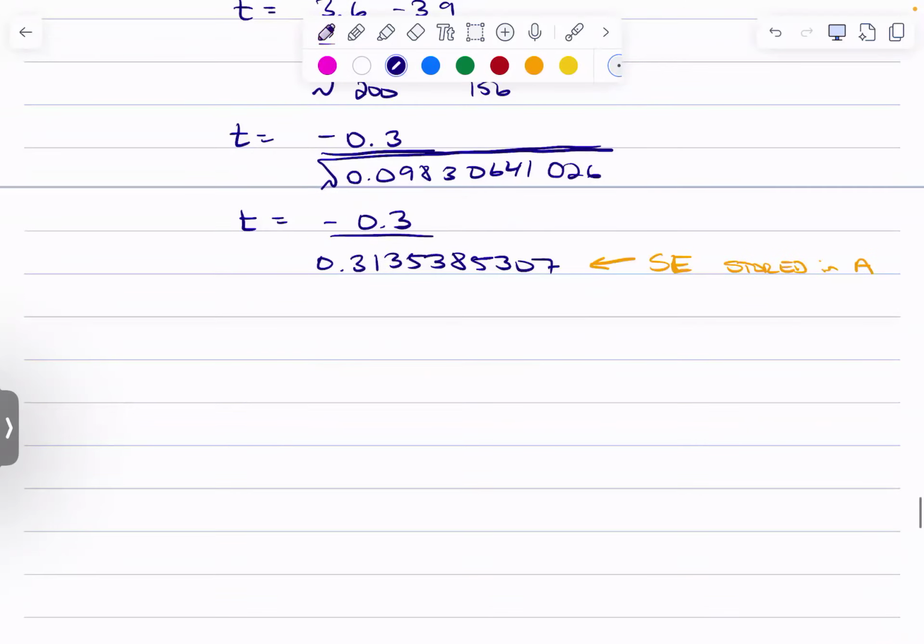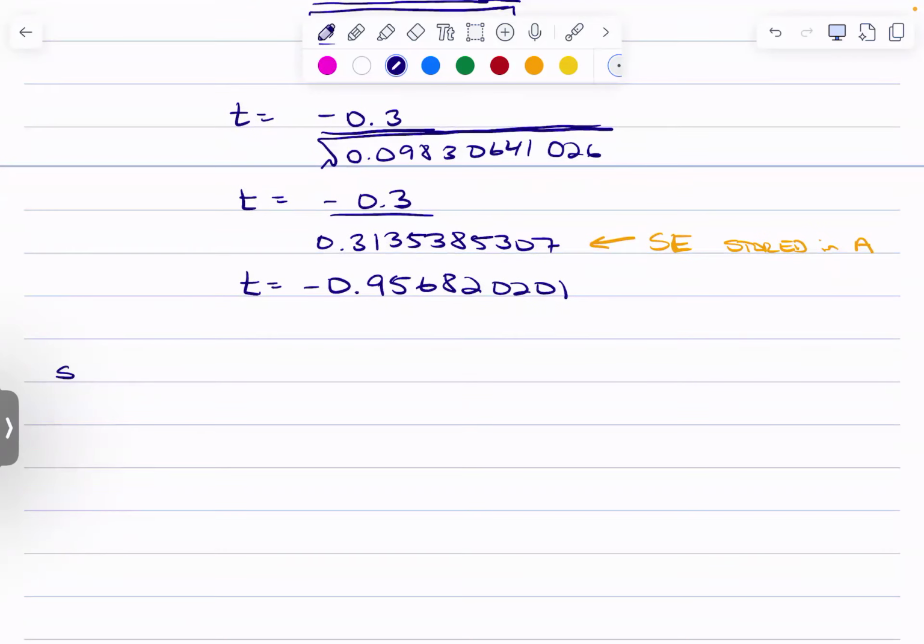I get a T of negative 0.956820201. Boring. Why is that boring? Because we don't get to reject H naught. I can already tell, right? Usually we need to move out 2 standard errors before we start rejecting H naught. But we'll confirm in step 3. Find the p-value.